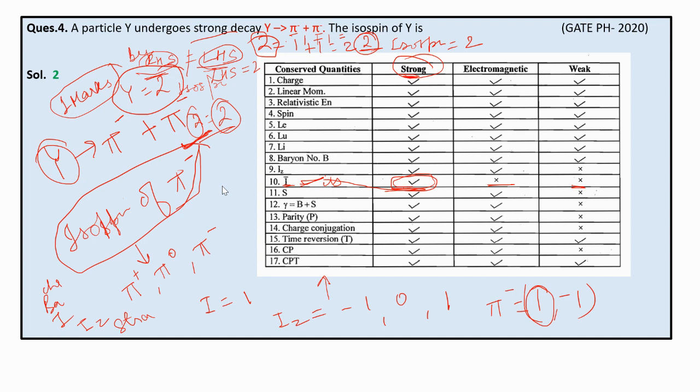These have all been discovered by scientists: that this quantity will remain conserved in this interaction or in that interaction. So this is already proven. And in the question it is given that it is strong decay. So in strong decay, isospin should remain conserved. If it is not conserved, then you cannot say, you are not sure about it.